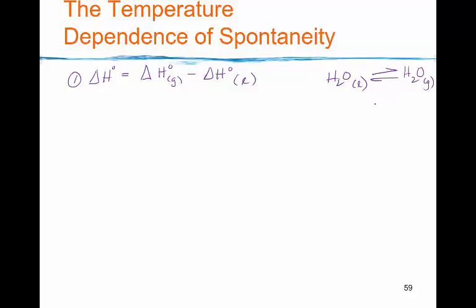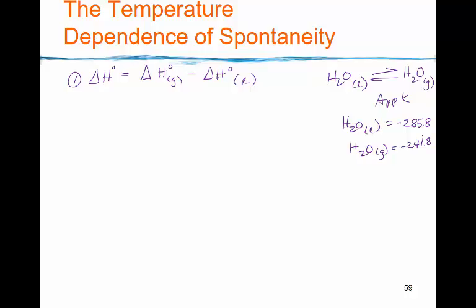So when I look up in Appendix K, H2O liquid is minus 285.8. And for the gas, it's going to be minus 241.8. I think I got those the right way.